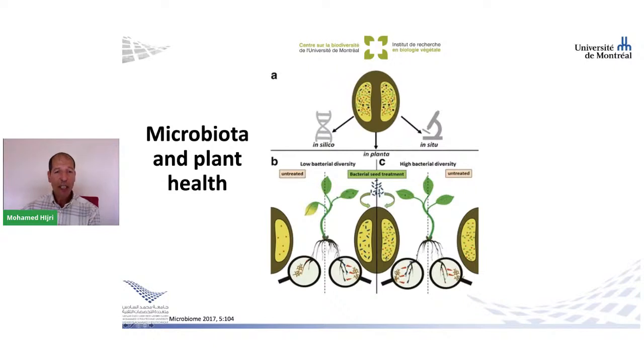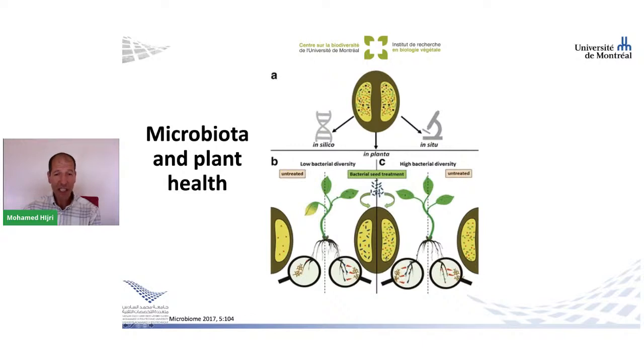They compared low bacterial diversity, where they took seeds and disinfected them to reduce the microbial communities, and high bacterial diversity. In each of the treatments, they used untreated or bacterial treatments, so they artificially added some bacterial strains.